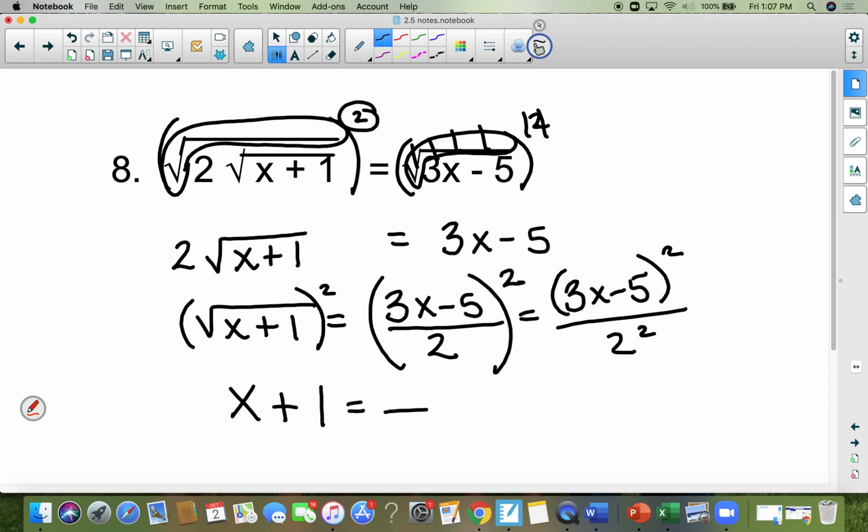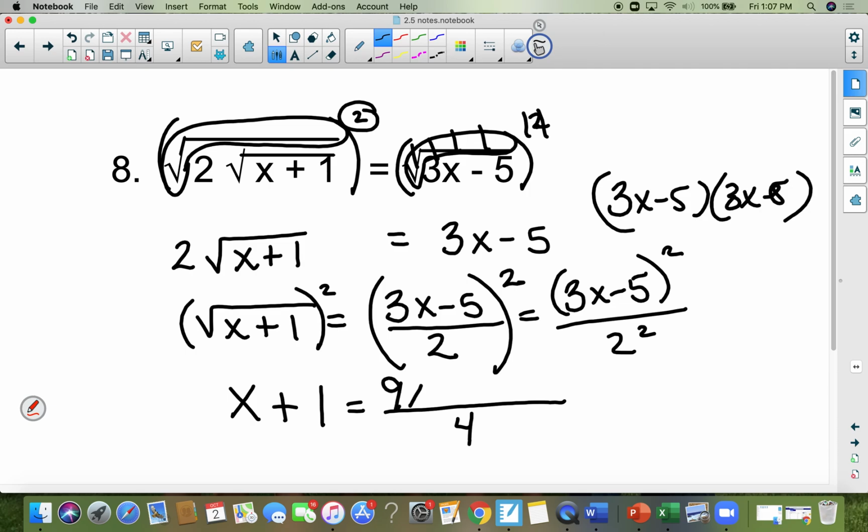You can break this up. So 2 squared is 4. The denominator is going to be 4. Remember, 3x minus 5 is 3x minus 5 twice. And if you can't see it, write it down. And you're going to get 9x squared minus 30x plus 25.